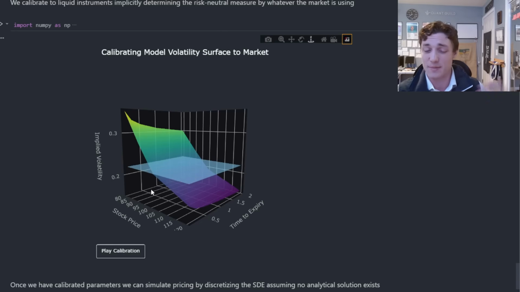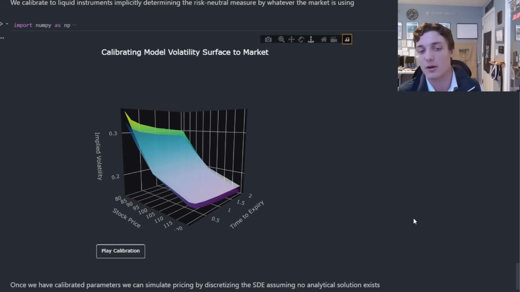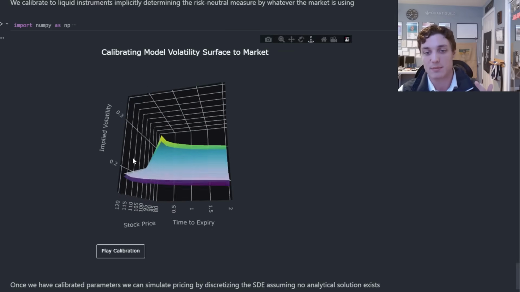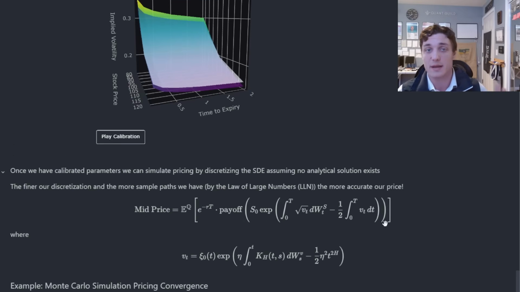In this case, it'll be a Heston model, and as I calibrate the model parameters to the market volatility surface, I am going to have maybe some error, some play between the calibrated surface and the market surface, but I will then derive the risk-neutral dynamics. Now that we have selected a model and calibrated it to this set of liquid instruments, this implied volatility surface here, we can simulate our mid price.